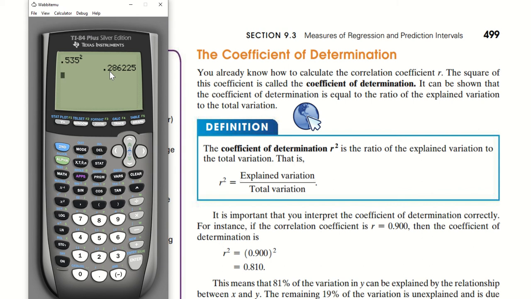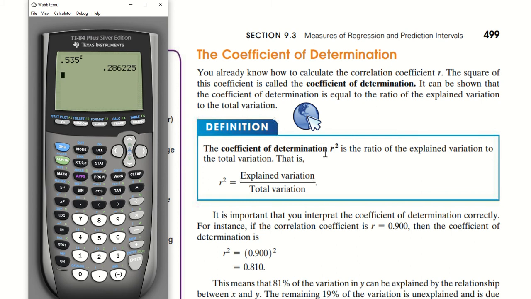What is the coefficient of determination? Remember, the value R, which is the correlation coefficient, was a measure of the strength of the linear correlation between the X and the Y variables. The closer it is in absolute value to 1, the stronger the relationship we have, with an extreme of -1, which would correspond to a perfect negative linear correlation, and a positive 1, which would correspond to a perfect positive linear correlation.